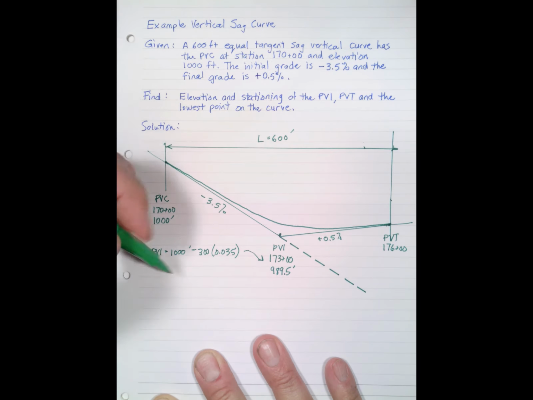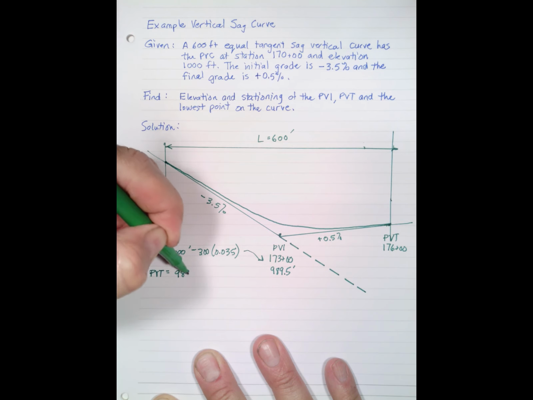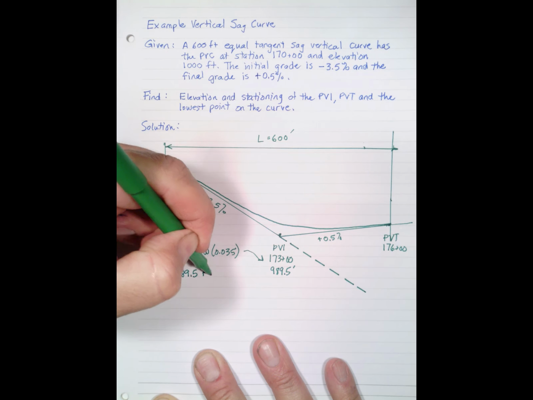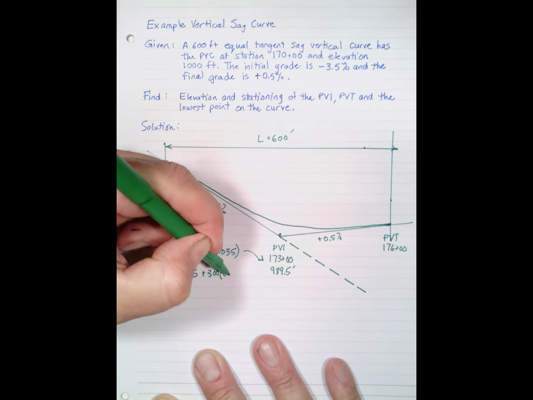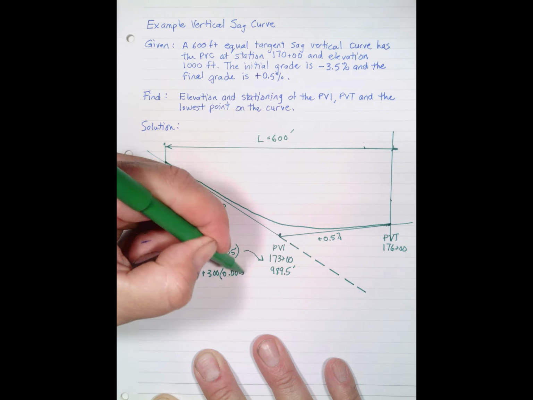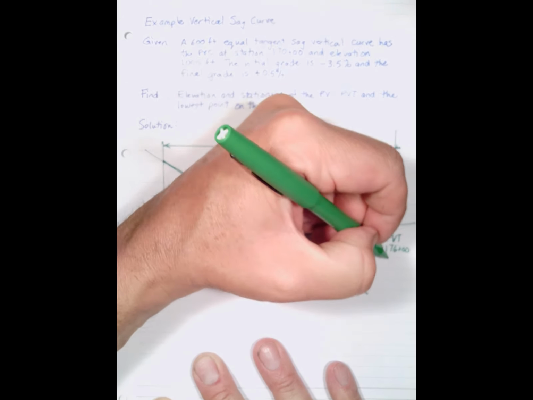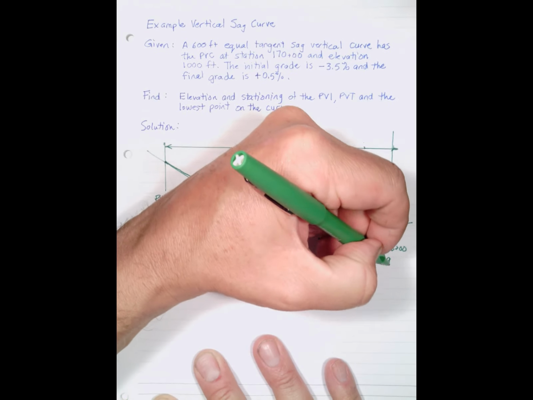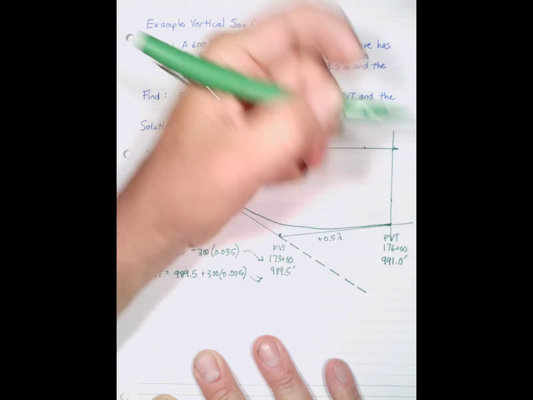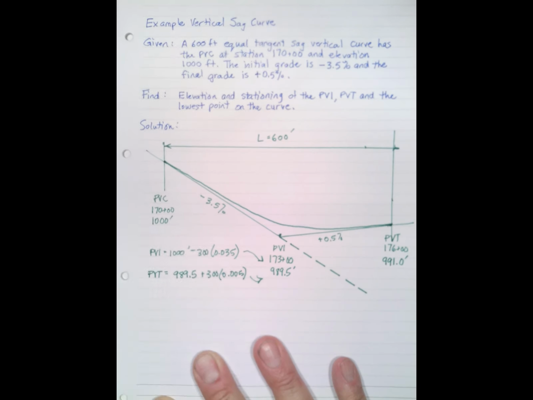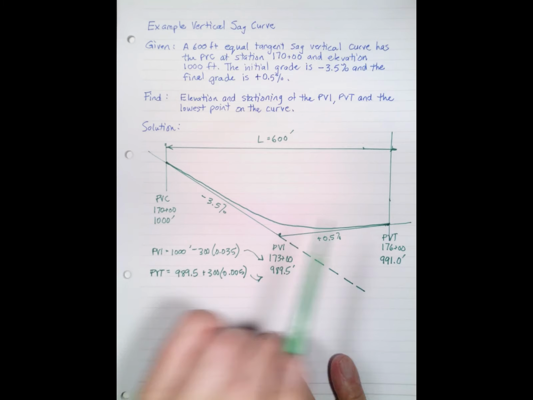And then the PVT is just 989.5 plus 300 times 0.005. I'll write that over there, which is 991.0 feet. So we've got the elevations of all 3 of the component spots.